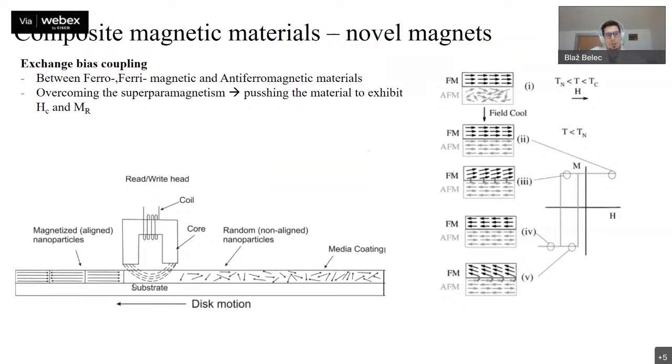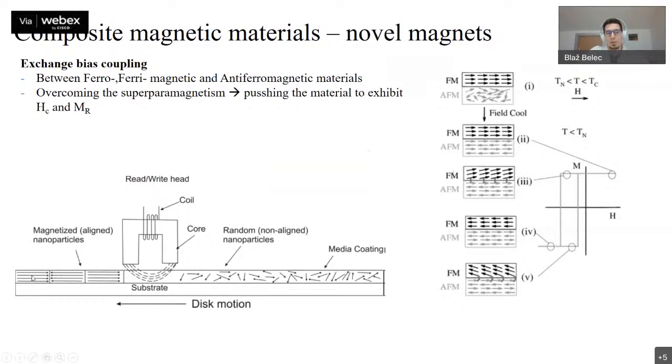As we can see here, we have a representation of storage media. So we have some random, non-aligned magnetic particles, and then our read-write head is going along this disk, and with the magnetic field produced by the coil, we can write or read our information, which is stored as zeros and ones.